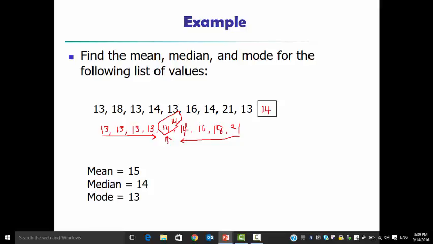Again, therefore median is still 14. Mode still 13 because we have 4 13s and 3 14s. Still 13 is the highest frequency number.